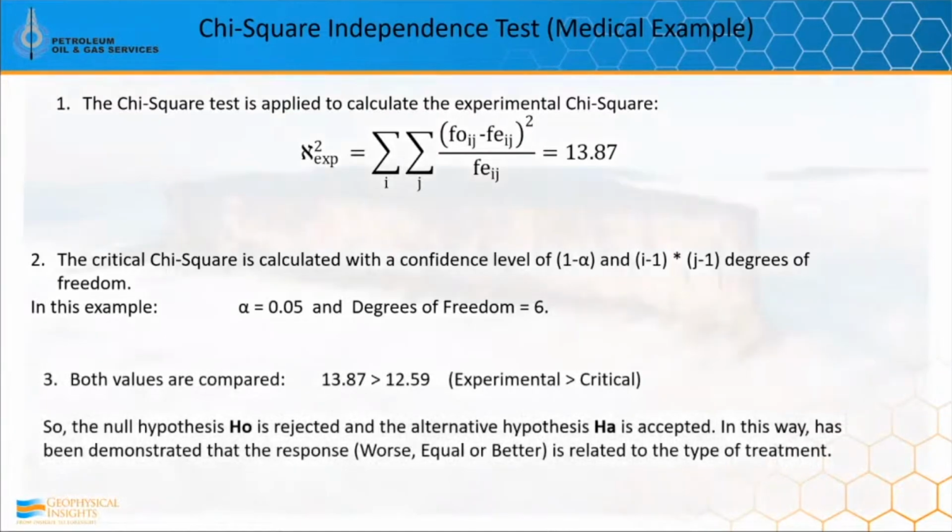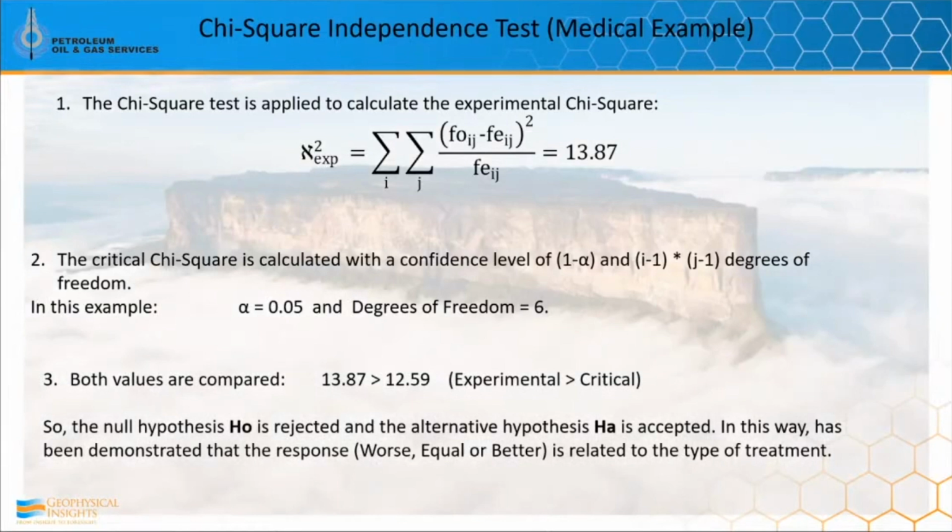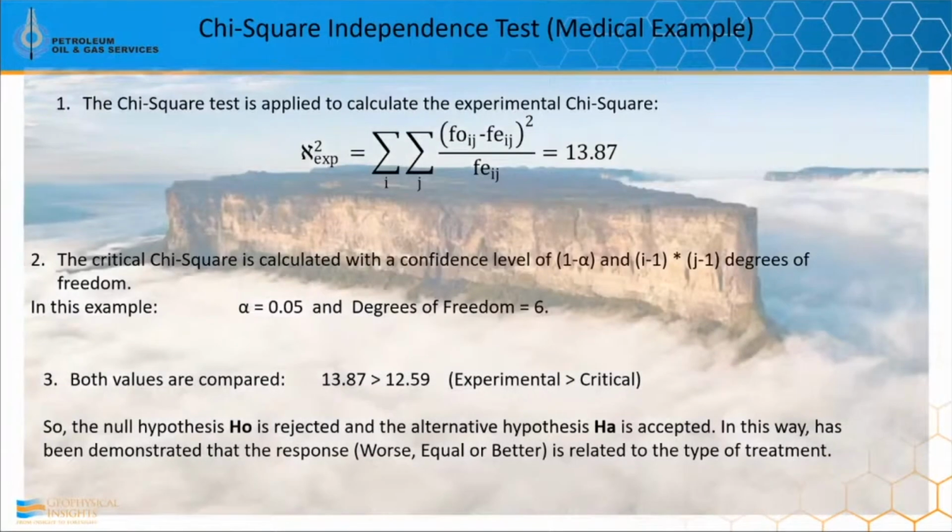So we compare the values, and the null hypothesis says if the calculated value is bigger than the critical value, you have to reject the null hypothesis and accept the alternative hypothesis.